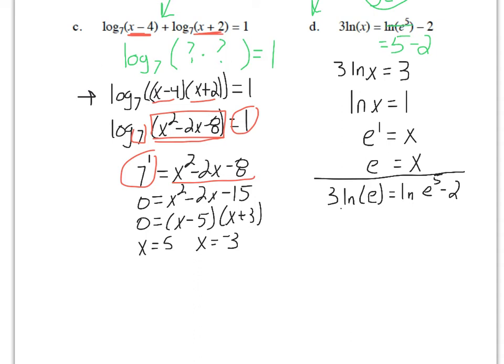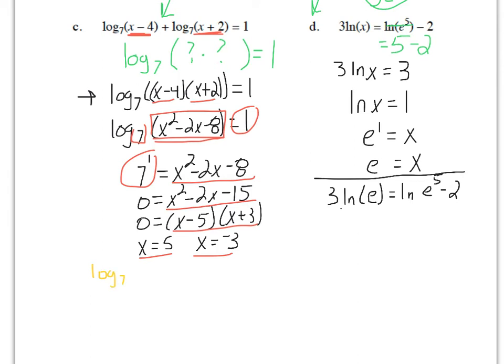Subtract 7 from both sides. That leaves me with x squared minus 2x minus 15. Factor that: x minus 5 times x plus 3. And my two solutions are x equaling 5 and x equaling negative 3. But please go back and check your work. So I'm going to plug 5 in there.